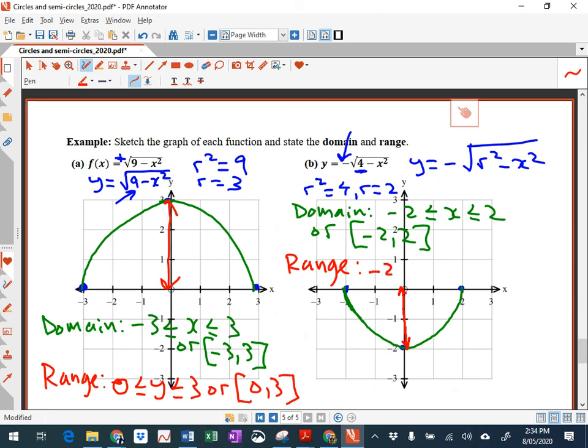So minus 2 is less than or equal to y, and that's less than or equal to 0. Or you can write it like this. Minus 2 to 0 inclusive. There we go. Smaller number first. Okay, so that's domain and range.